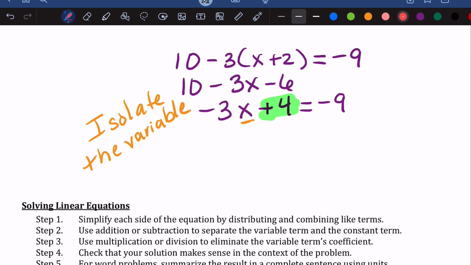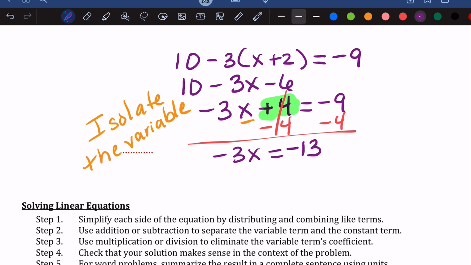And the inverse operation for addition is subtraction. So we're going to subtract 4 from both sides. And when we subtract 4 from both sides, we end up with negative 3x is going to equal negative 13.